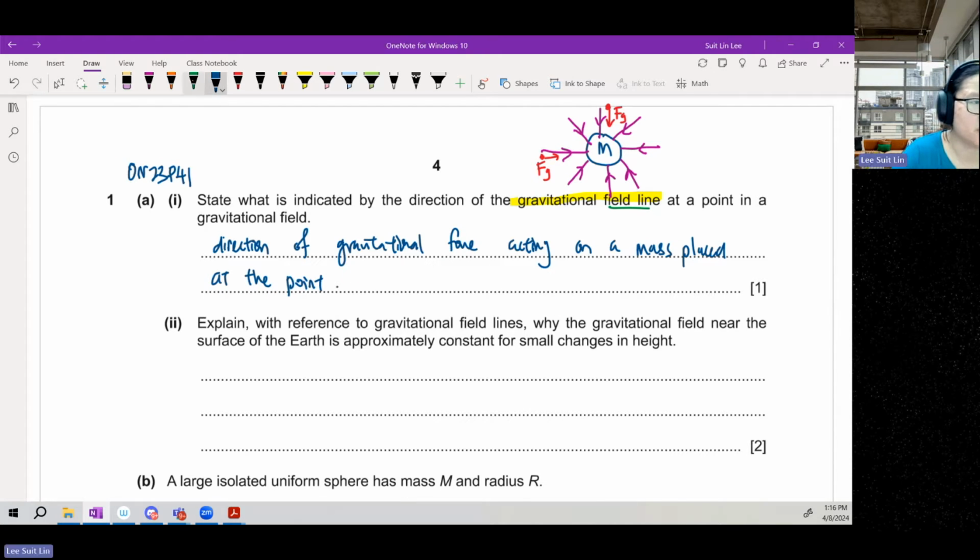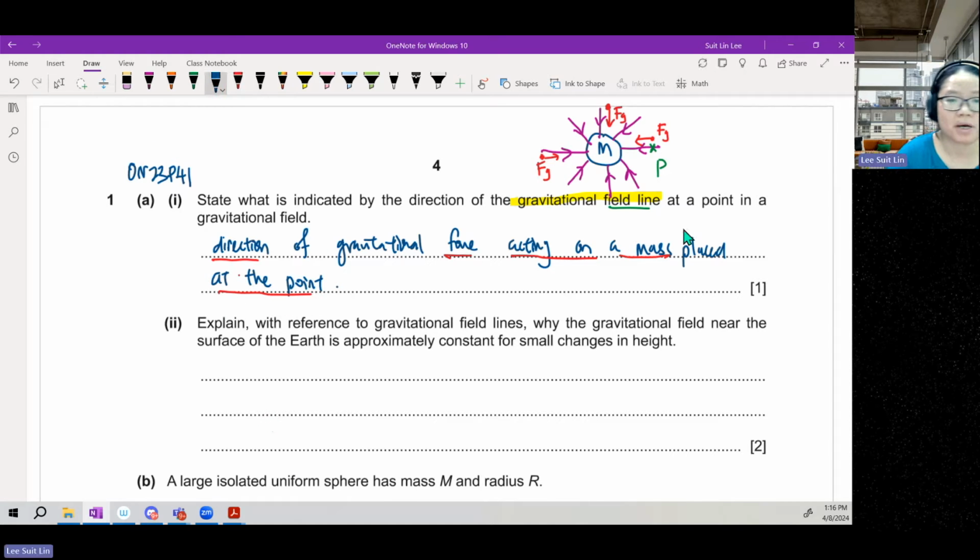So if at any random point, let's say this is point P, the direction of this line tells me the direction of where gravitational force will be. Okay, 1 mark. The keyword to include is direction of force acting on a mass at the point.